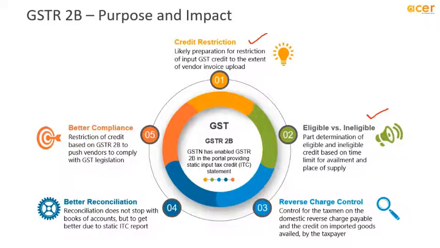Even that logic would be built into the system, and the system itself, based on these two parameters of time limit and place of supply, would restrict the credit and classify the input tax credit into the buckets of eligible and ineligible. But this is just a partial determination of eligible and ineligible. Whatever ineligible has to be determined based on Section 17(5) and various other parameters should still be and will be left to the self-assessment by the assessee.